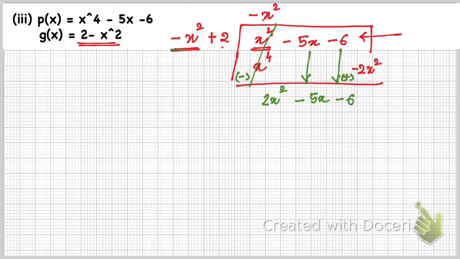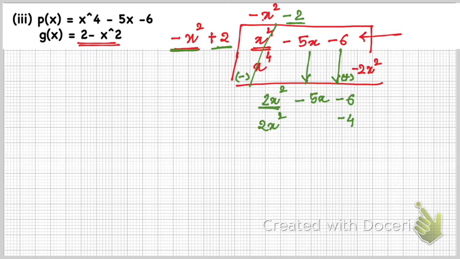So it will be like this. So here we already have x square, right? And here we need 2x square. So minus x square was already there, but we need plus 2x square. So we will multiply it with minus 2. Multiplying it with minus 2 will give you here 2x square again, and 2 into minus 2 will give you minus 4.